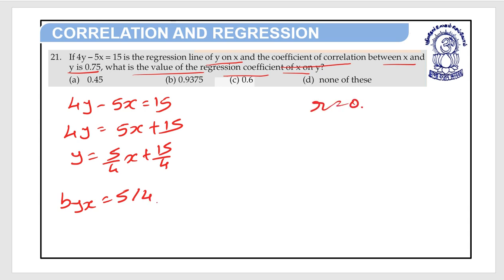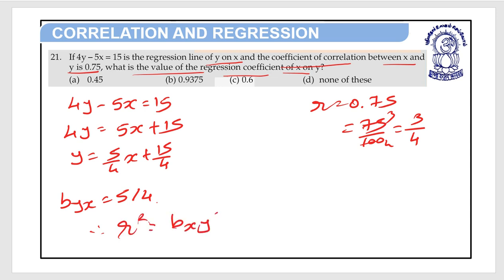Here r is equal to 0.75, so it is 75 by 100. 25 3s are 75, 25 4s are 100, so it is equal to 3 by 4. So r square is equal to bxy into byx.